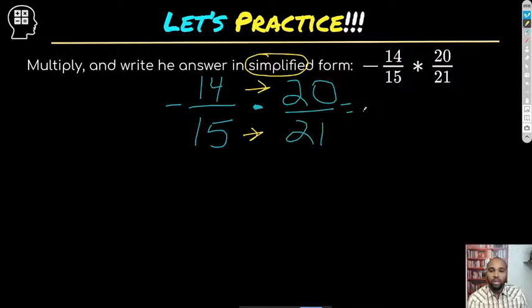One of the ways you can do that is, let's get this ready. This is negative some fraction. So we can break this down into its factors, which is 7 times 2. And since I'm multiplying 20, I could break 20 down into some factors as well.